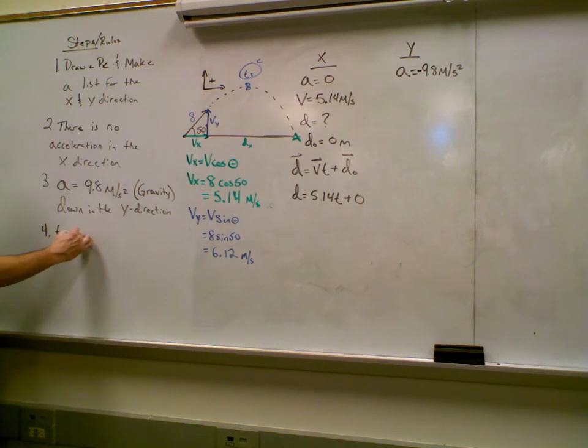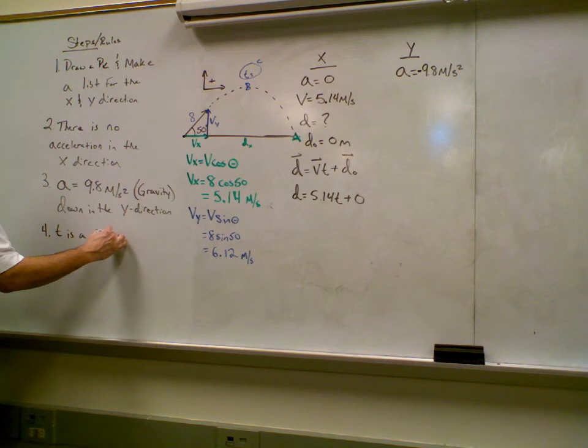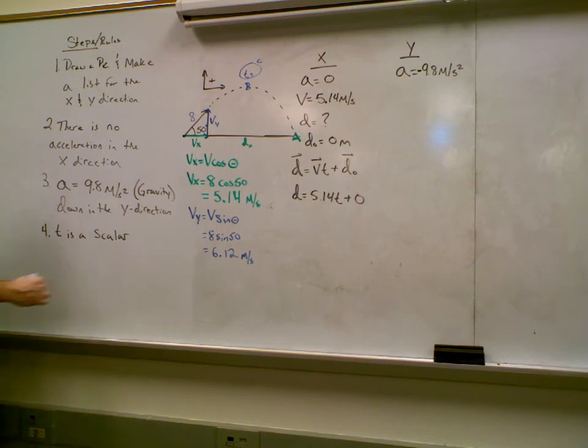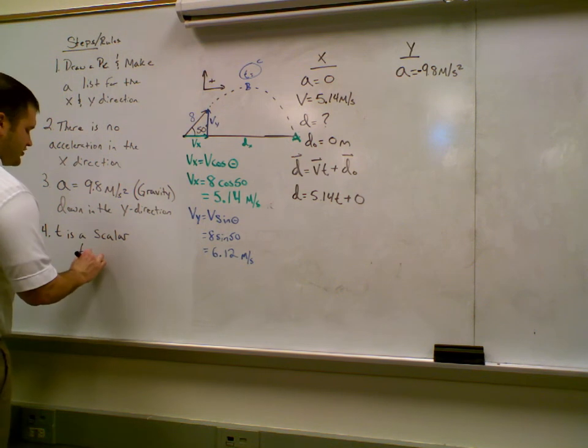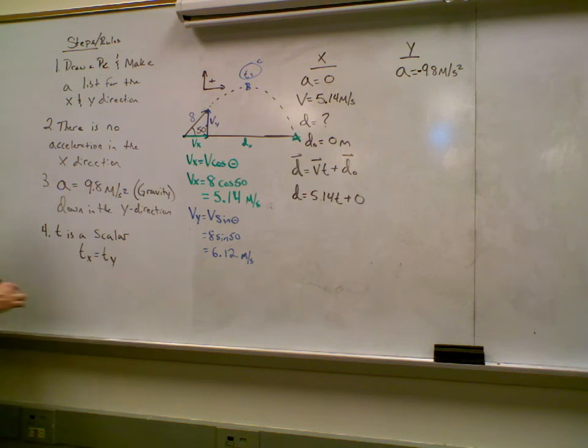Time is a scalar, right? So what does that mean? Has no direction. So that means the time it takes in the x direction equals the time it takes in the y. Time in the x equals time in the y.